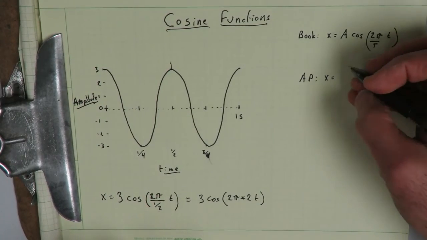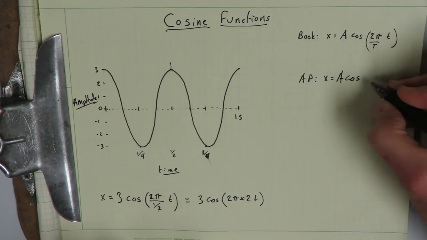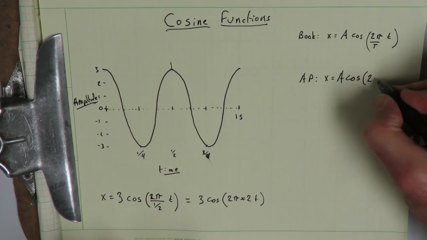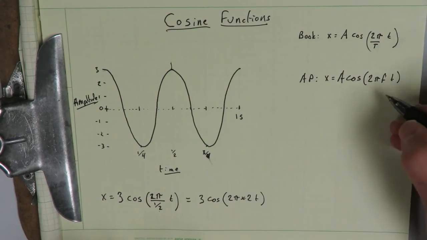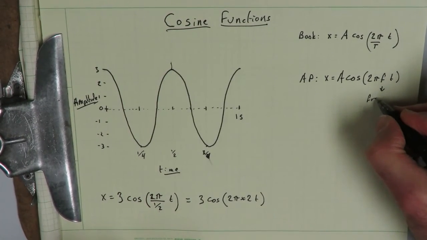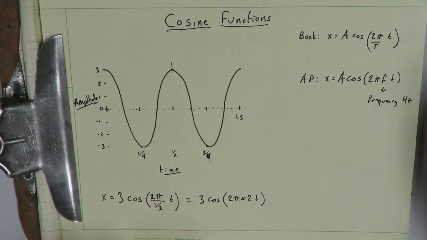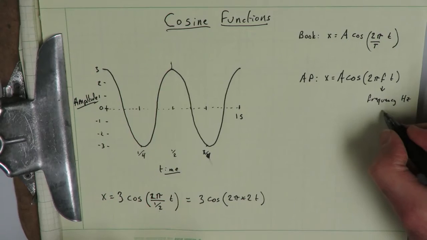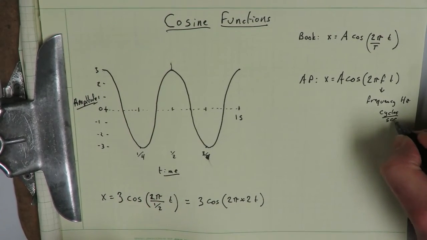So here's how AP sets it up. They do a cosine, and they say 2 pi f times t. F is the frequency. This is the frequency in hertz, which, as you probably recall, is cycles per second.